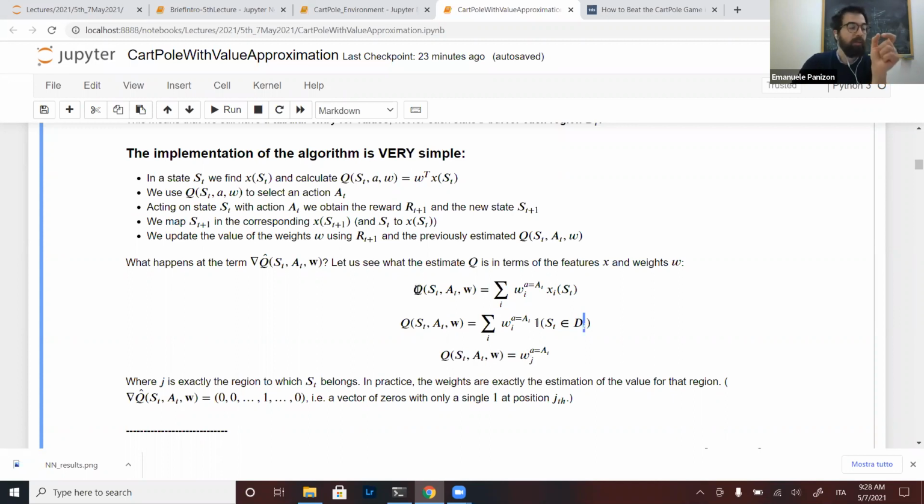Okay, so formally we have that the value function is a linear combination of the weights and the feature vector, but actually it reduces to just one w. When you take the derivative with respect to w1, w2, w3, and you have only just wj, it means that the gradient is actually a series of 0 with just a 1. Okay, so formally it seems very complex. In reality, instead of working with SARSA on the single states, you're working with SARSA on these regions of state. Okay, so state aggregation means you're making a coarse-grained state space of regions, and you work there, essentially.